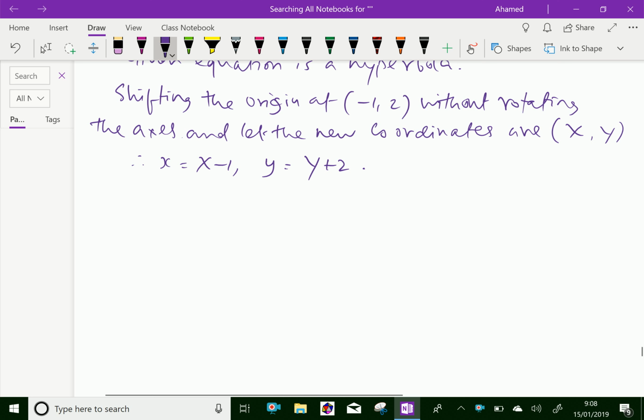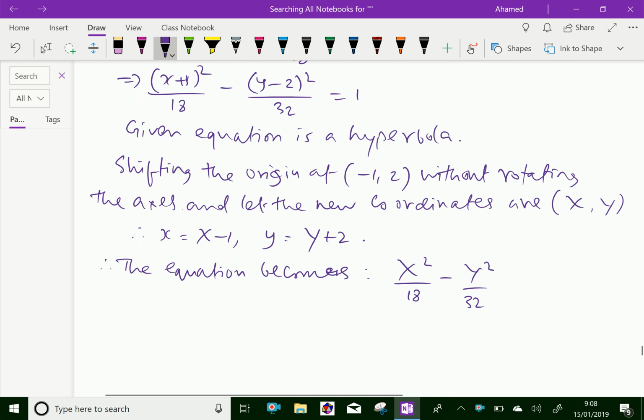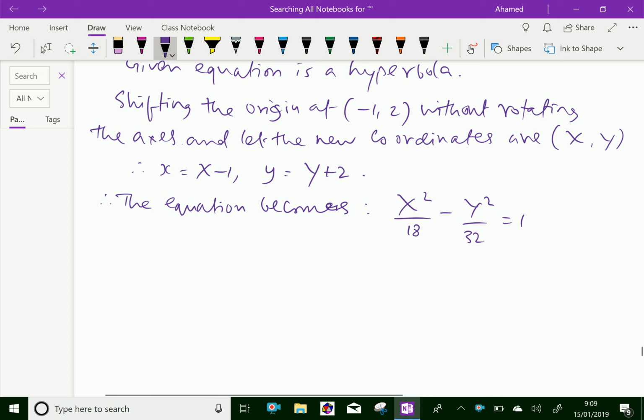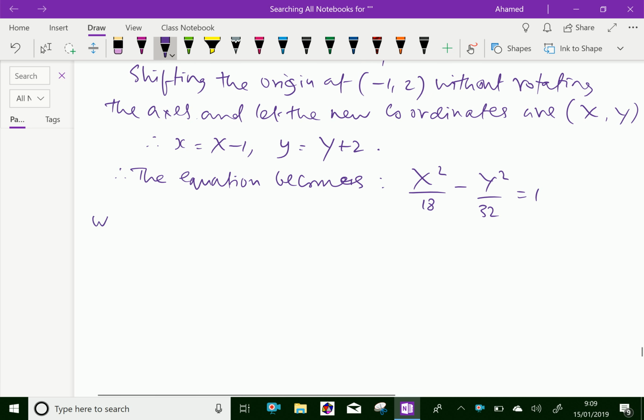Therefore the equation becomes X square over 18 minus Y square over 32 equal 1, where a square equal 18 and b square equal 32.